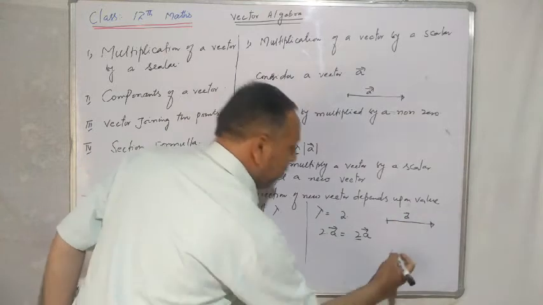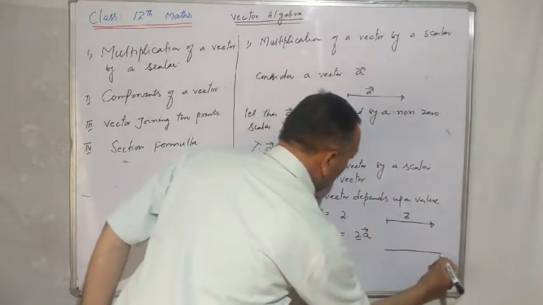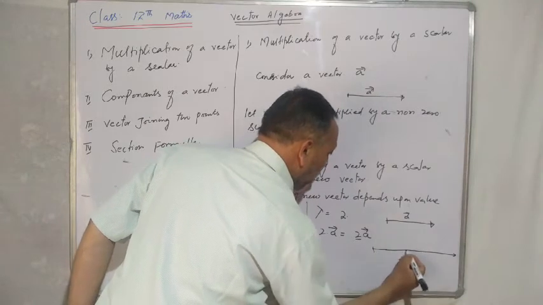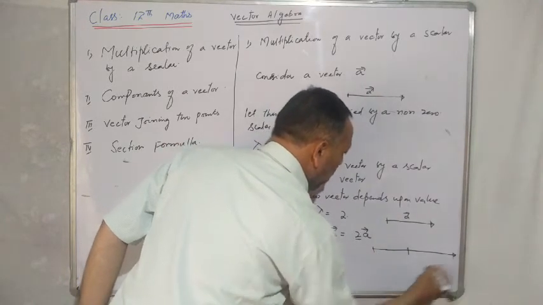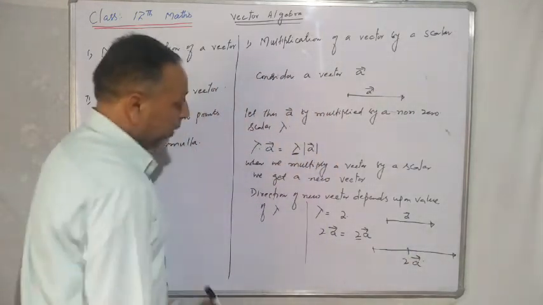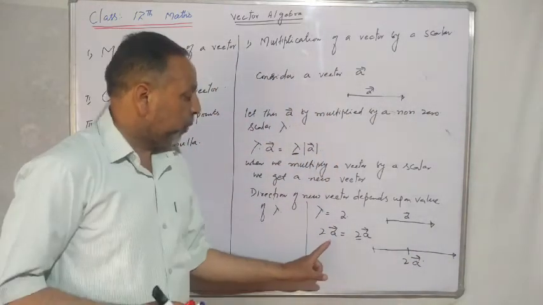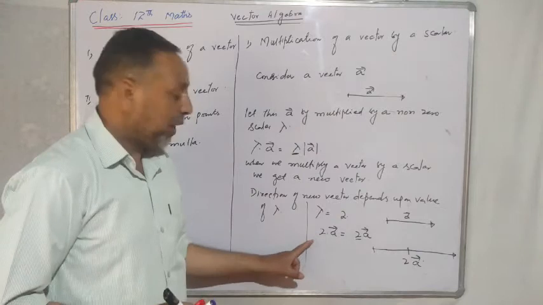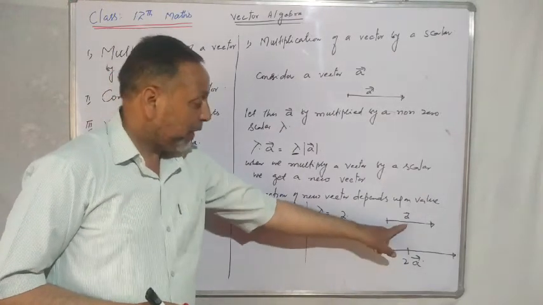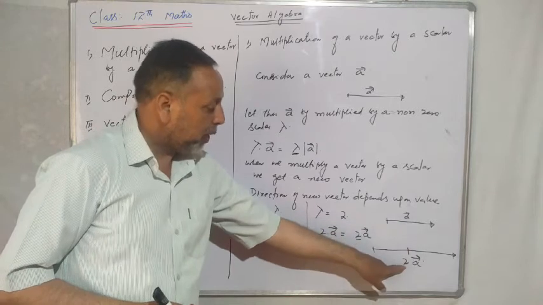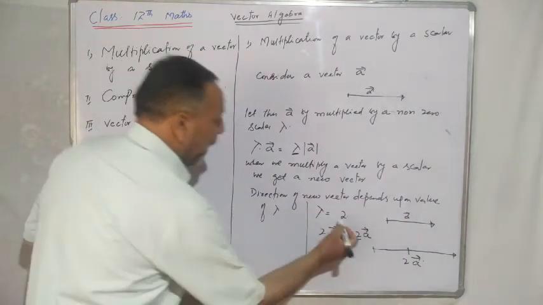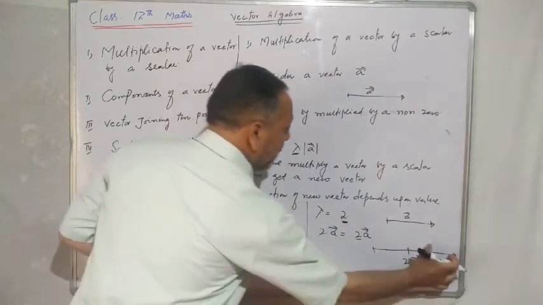Direction will remain the same. So this is twice, 2 times vector A. So that means here when we multiply a vector by a scalar, the magnitude of the vector gets multiplied. तो यहाँ जो 2 है ये पॉजिटिव है तो डायरेक्शन सेम रहेगी.